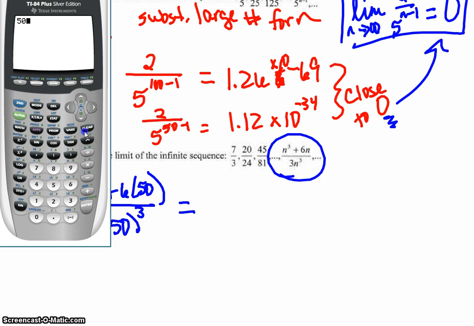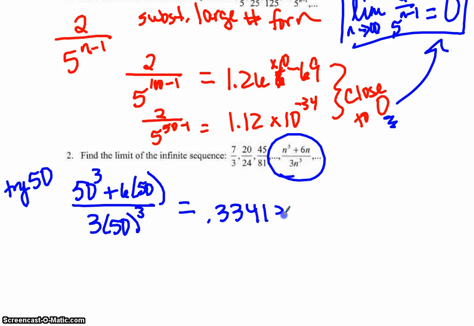We probably need parentheses for the top. 50 to the third plus 6 times 50, close the top, divided by, open the bottom, 3 times 50 to the third, close the bottom, enter, and we get 0.3341333, okay?